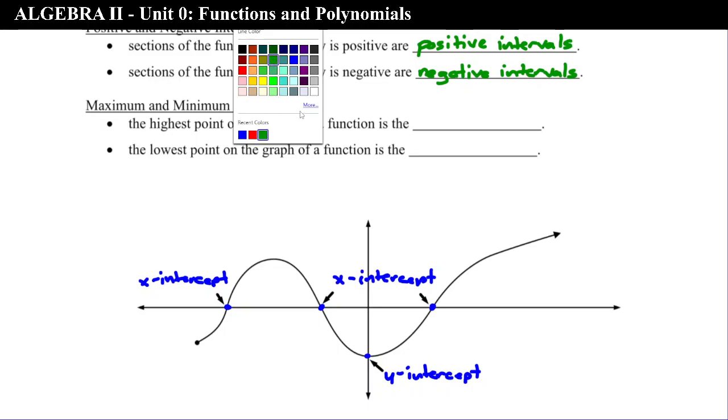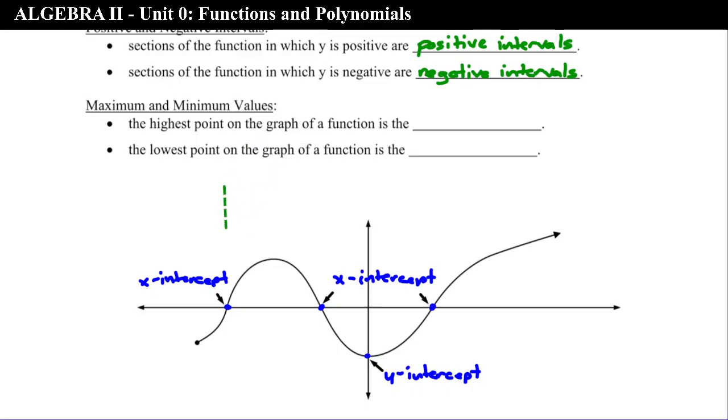Basically, up until you get to this dashed line, from the left on over, this is where you have a negative interval. So this first interval is negative. Then we're above the x-axis, so we have positive y values, and therefore we have a positive interval.